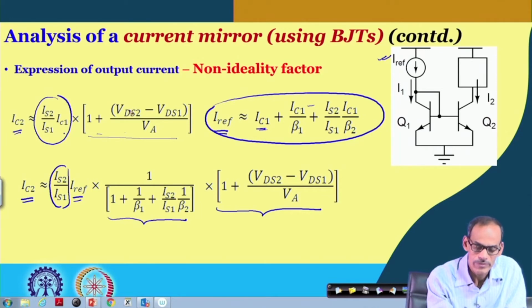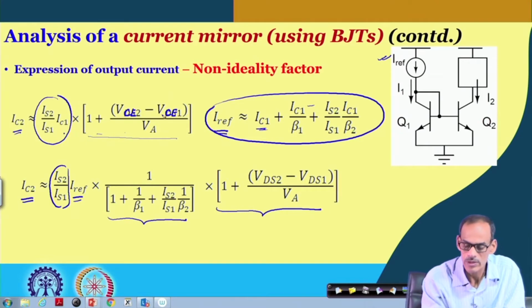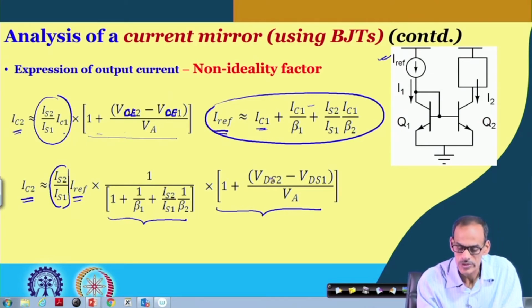Again I have repeated this mistake, sorry for that. This would be VCE2 minus VCE1. Same thing here also, this is VCE2 minus VCE1.